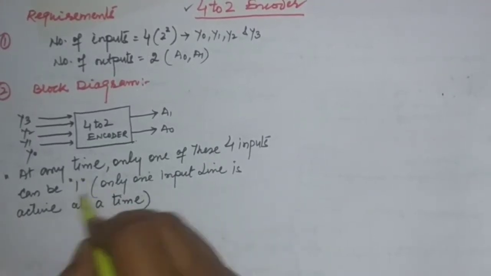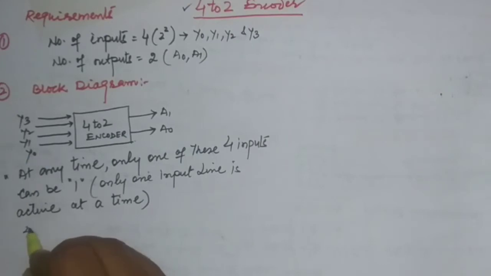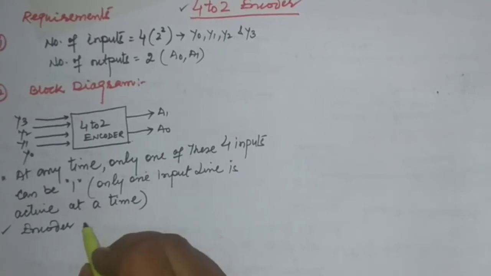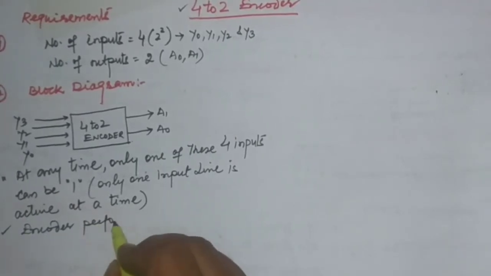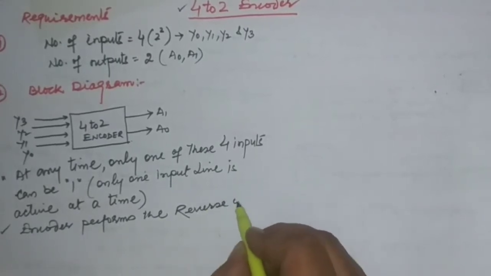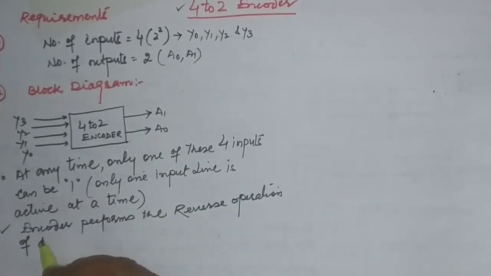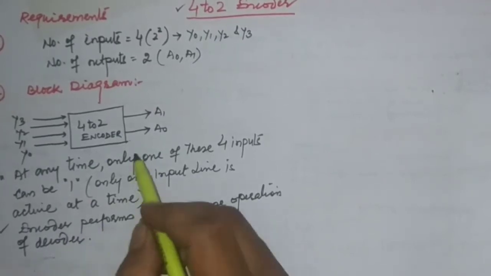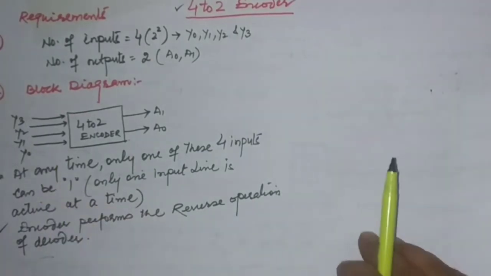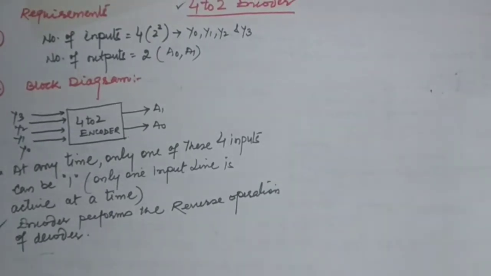We also know that this encoder performs the reverse operation of a decoder, because a decoder takes 2 inputs and produces 4 outputs. So this is the second point that we must note.